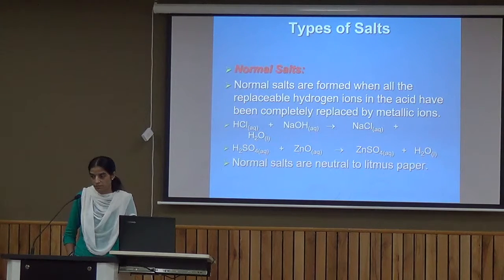This one replaceable hydrogen of HCl is replaced by, or exchanged by, sodium. So in HCl, H is replaced by Na, and the product formed is NaCl. So all the replaceable hydrogen of the acid is replaced by a metal ion. That is why it is an example of a normal salt.